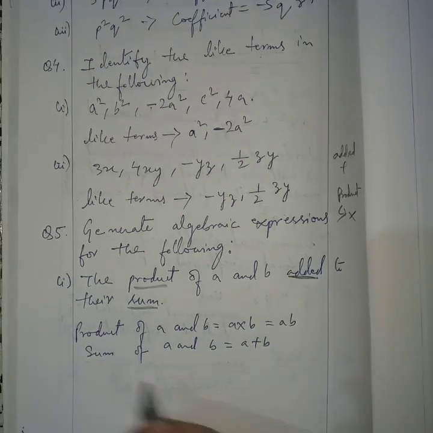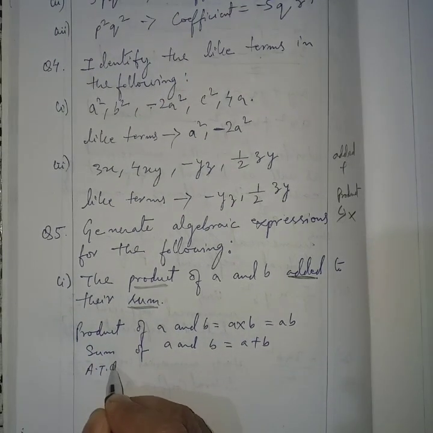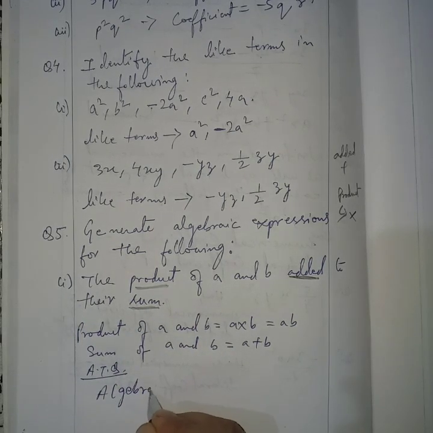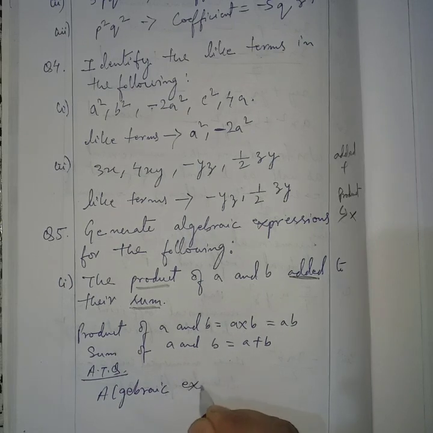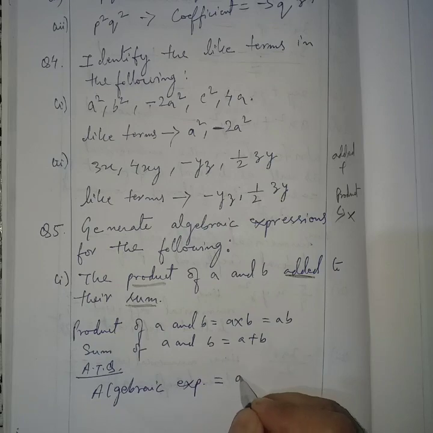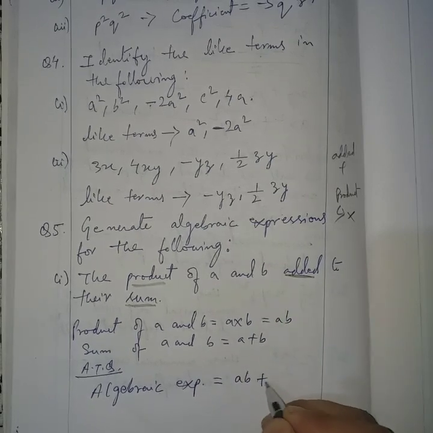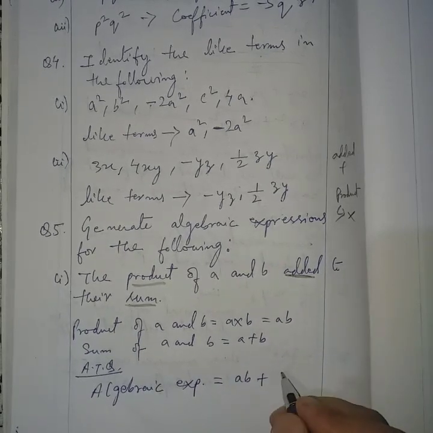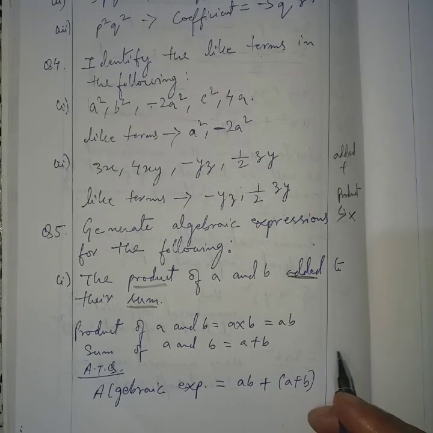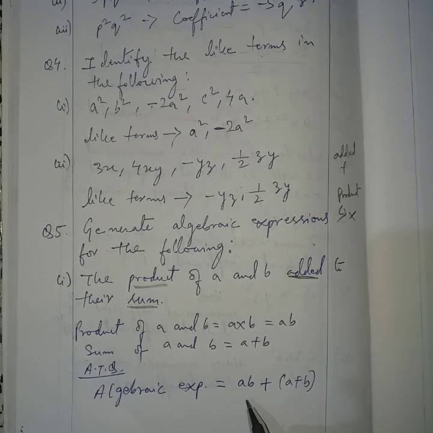Now according to this statement or question, you can write the algebraic expression will be equal to AB, product of AB, added plus to their sum. This is the sum, A plus B. Like this we generate algebraic expressions from the given statements. Let us try a few more.